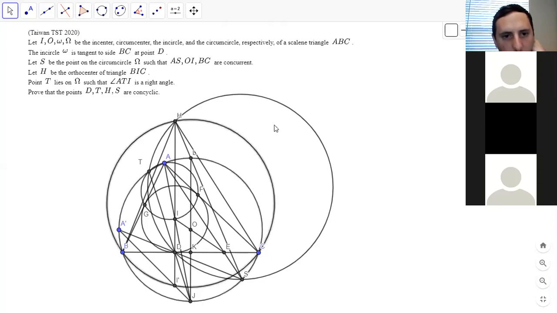So we have these three circles. What would happen if we use the radical axis theorem on these three circles? So we would have BC, H. Oh, we would need to draw this point right here if we did that.